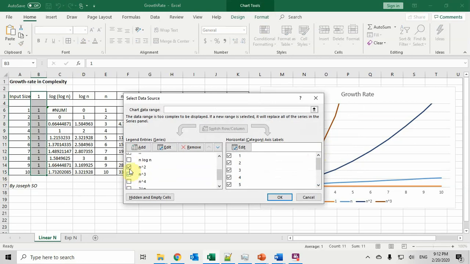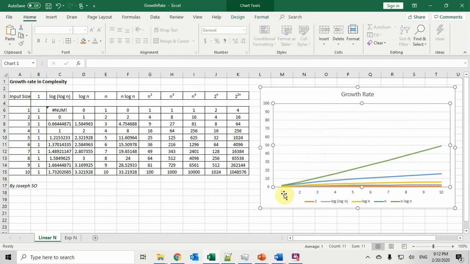So let's just take the logarithmic function. Then you can see the growth rate. You can see this blue line is n, and the growth rate of log n is less than that of n.